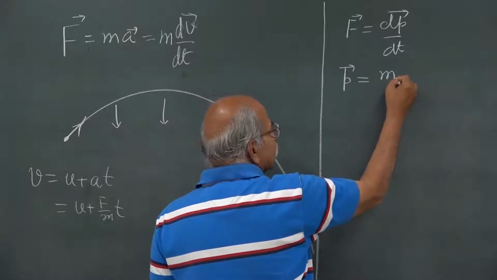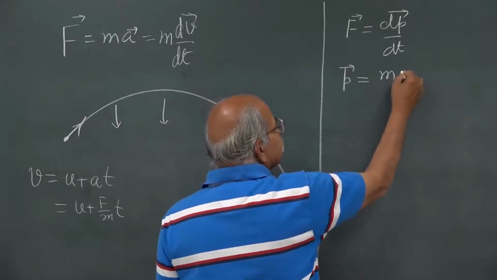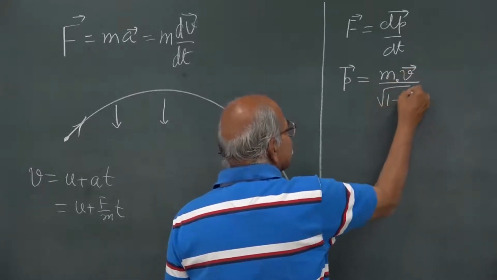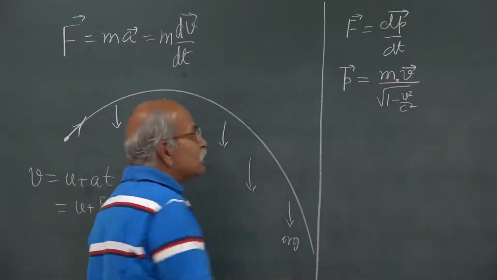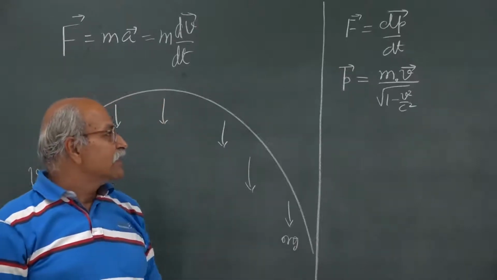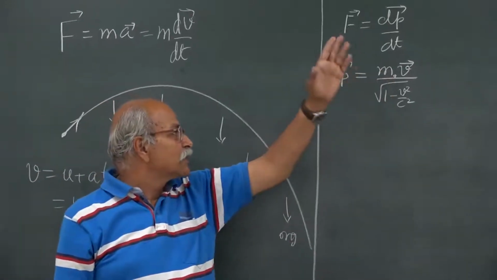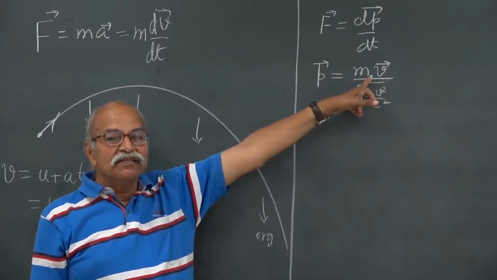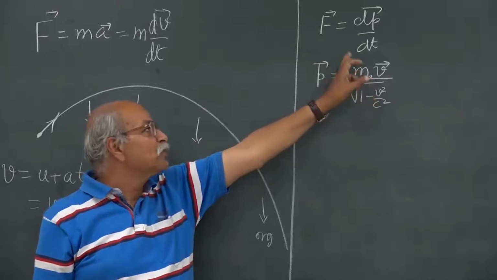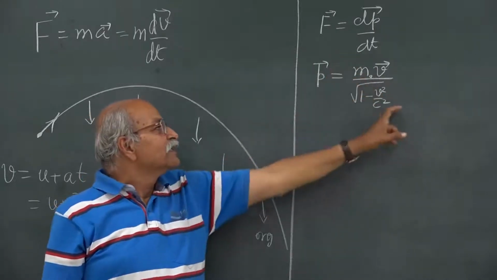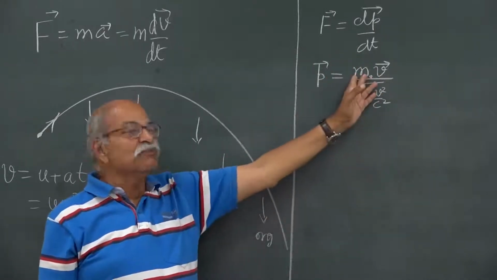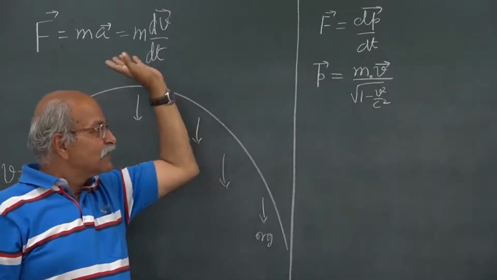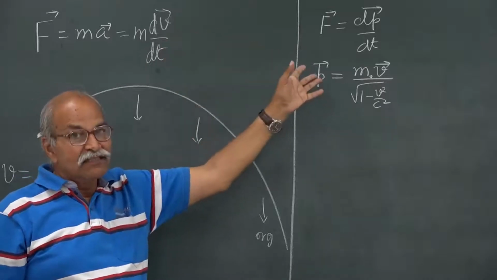It is m naught v by square root of 1 minus v square by c square. We call it rest mass. I repeat once again, we call it rest mass. We put an extra symbol here, m naught, but I do not give much importance to the so called relativistic mass. This is just the mass, and the relativistic mass, in this lecture itself you will see, is not a very significant quantity.